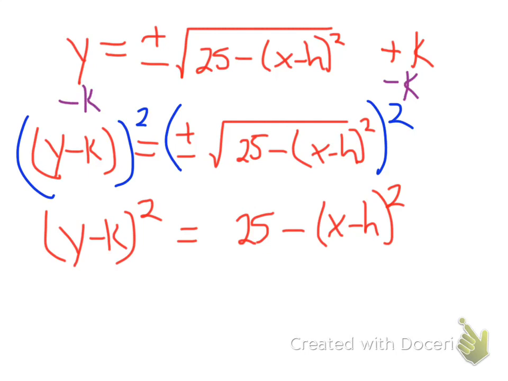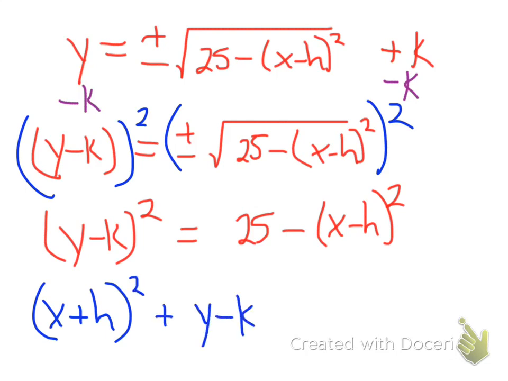The last thing we need to do in order to isolate the 25 and get it by itself is to remove this part, so I add that to both sides. That gave me the equation x plus h squared plus y minus k squared equals 25.